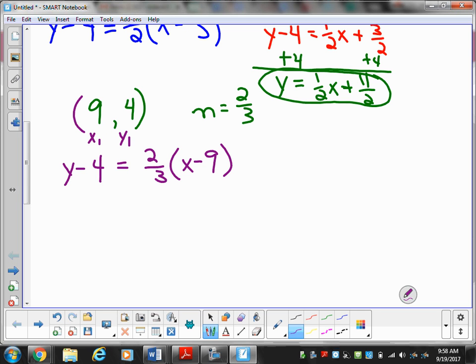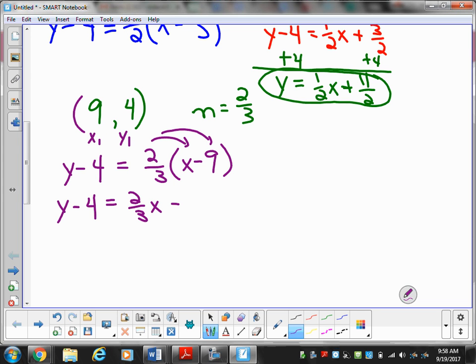And the same process on this. Distribute the 2/3. 2/3 times x is 2/3 x. And does anyone know how to multiply 2/3 and 9 together pretty quickly? Yeah, the 9.